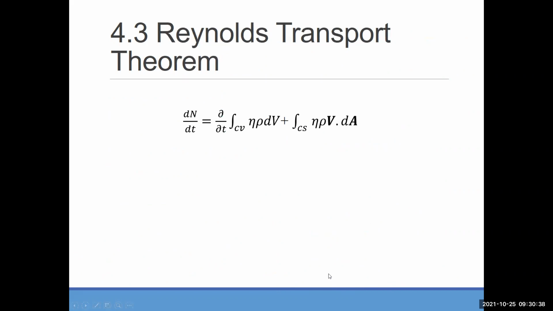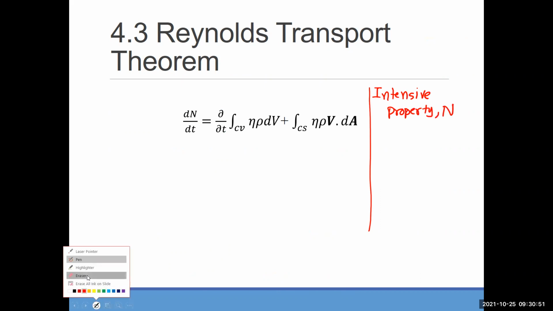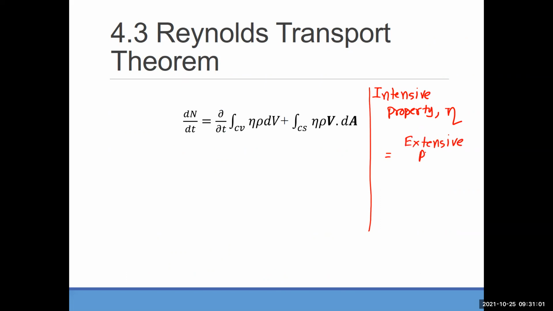Okay, so this is the equation again. And what you can do, the intensive property, and not n, the eta, equals the extensive property over M. That means eta equals N over M. Okay.